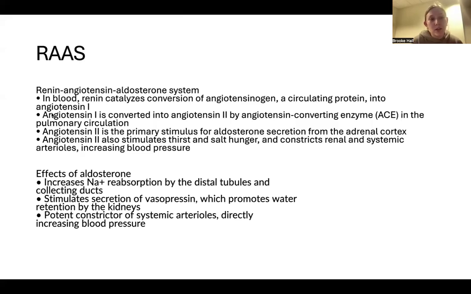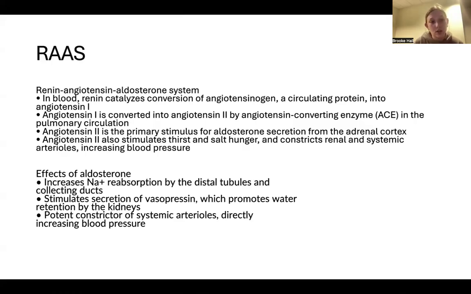In blood, renin catalyzes conversion of angiotensinogen, a circulating protein, into angiotensin 1. Angiotensin 1 is then turned into angiotensin 2 by angiotensin converting enzyme, also known as ACE, in the pulmonary circulation. Angiotensin 2 is the primary stimulus for aldosterone secretion from the adrenal cortex.